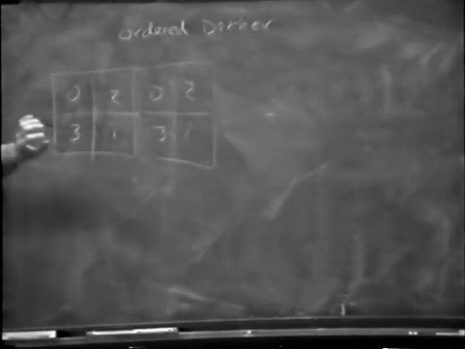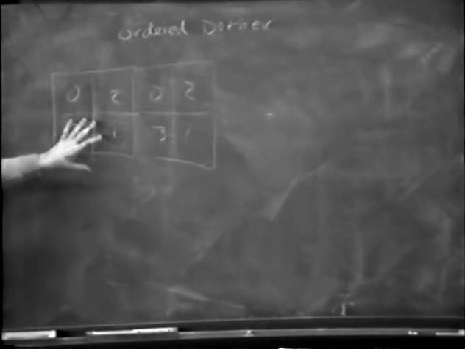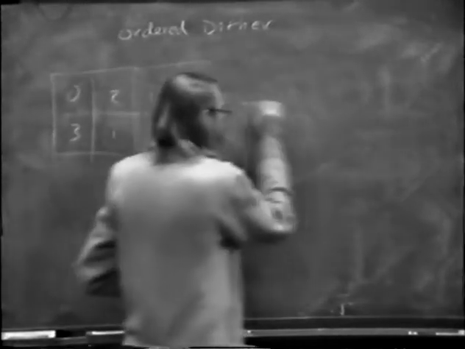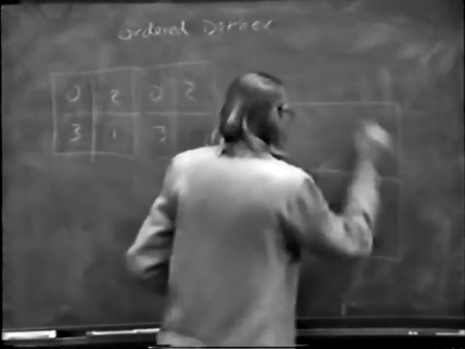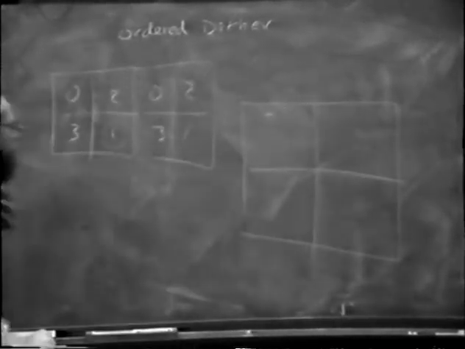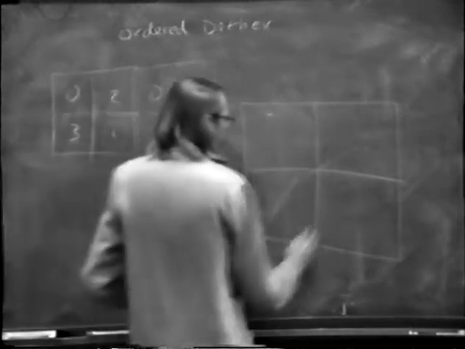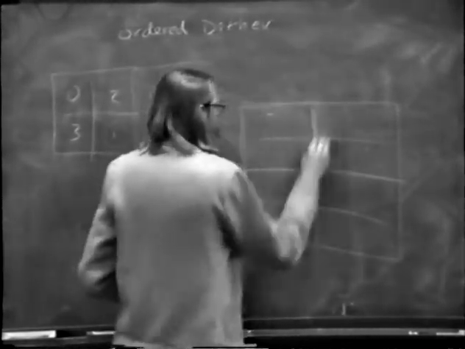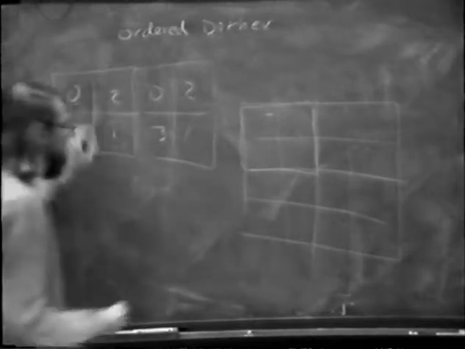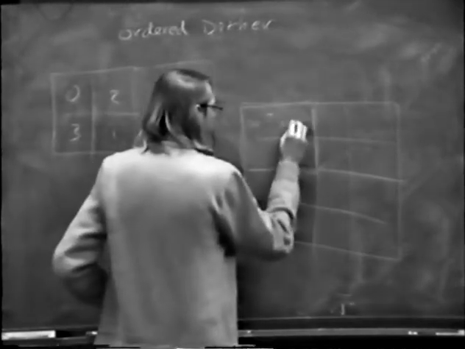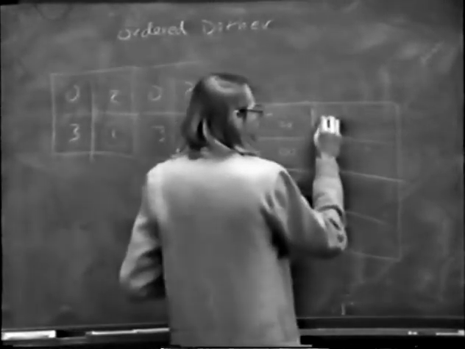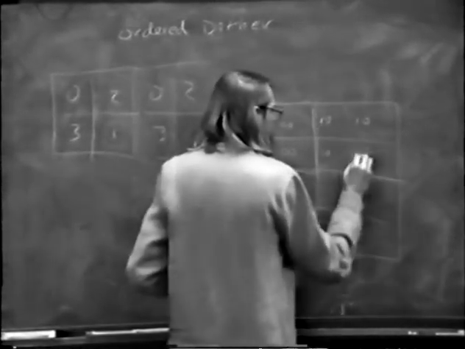In order to get finer detail, you recurse on this particular pattern, which means you turn this into a 16-element pattern. The upper left-hand corner has zeros in it. I'll write these things in binary now. The upper right has 1, 0, 1, 0, 1, 0, 1, 0.